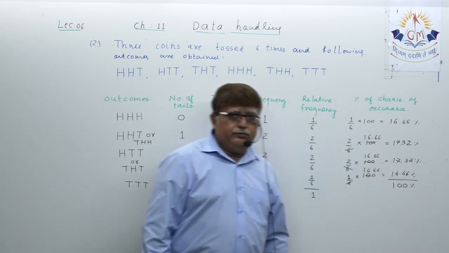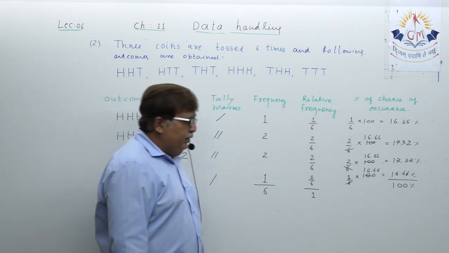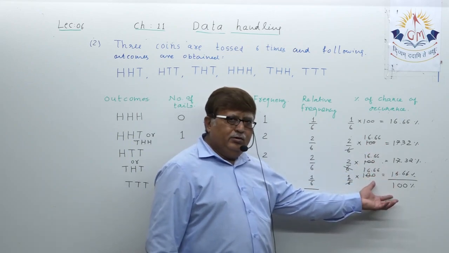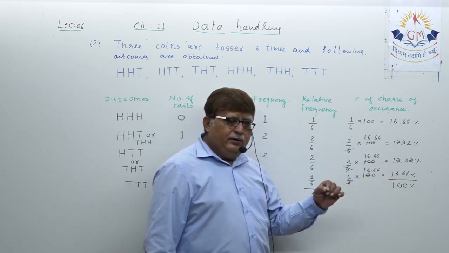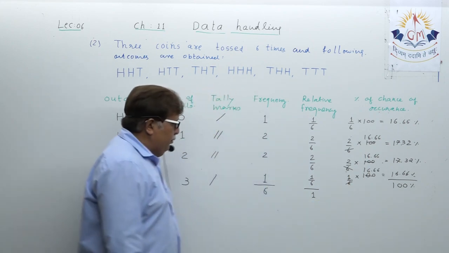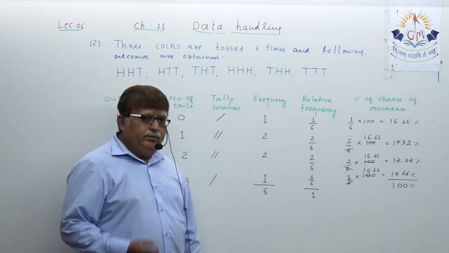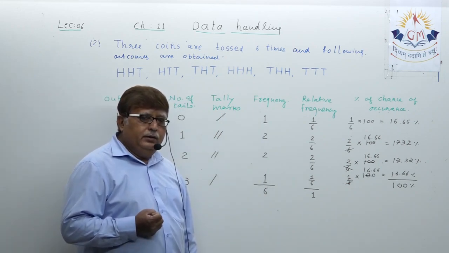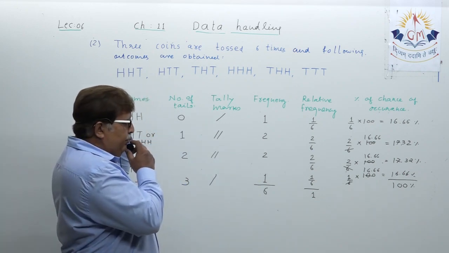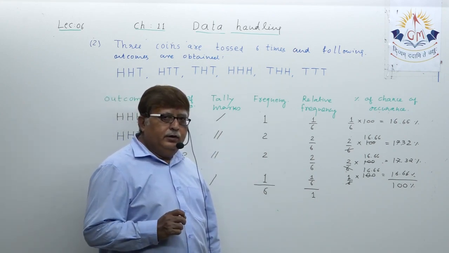So because this division is not terminating, when you do the total, it may not be 100 but quite near to 100. Understood? So this is the way we can find frequency and percentage of chance of occurrence.